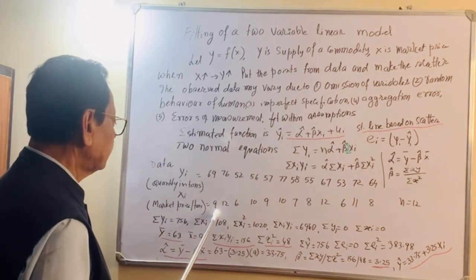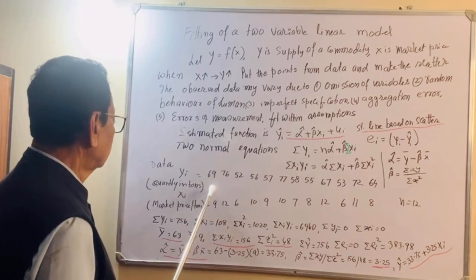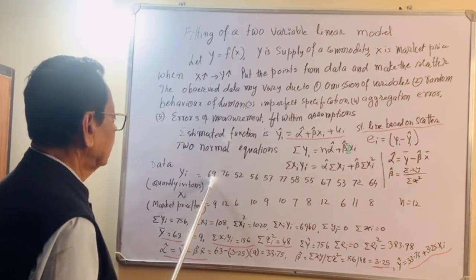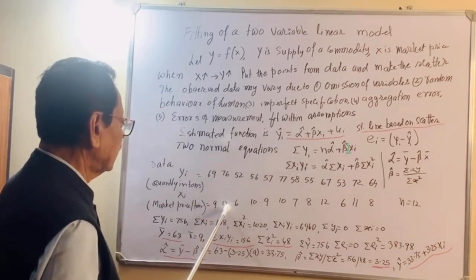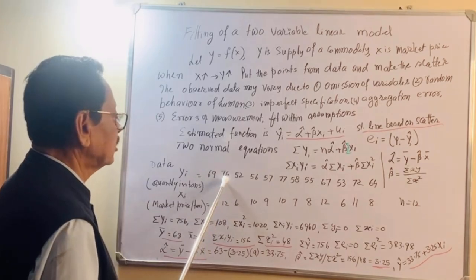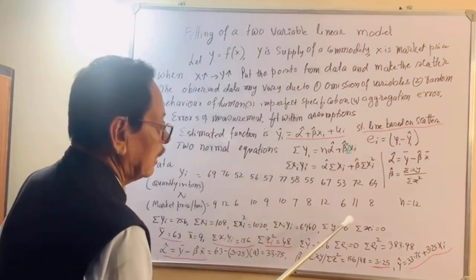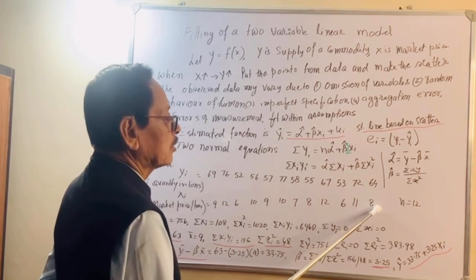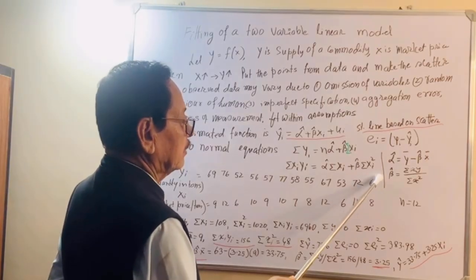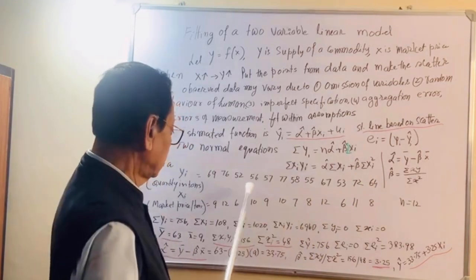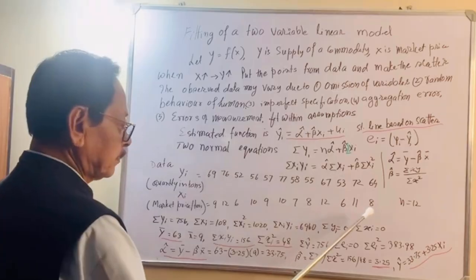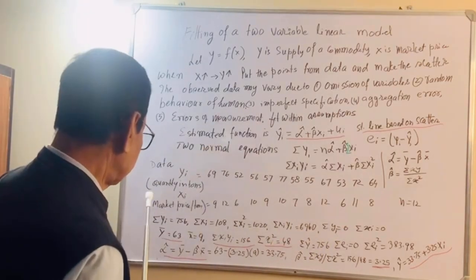So when market price is this much, the quantity supply is this much. So the market price is this much, quantity supply is this much, and so on. When market price is this much, quantity supply in the market is this much. Now this is the data available.